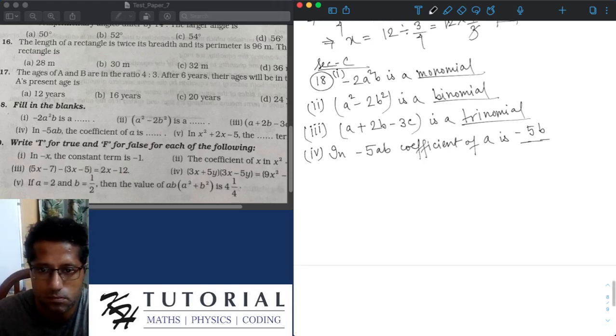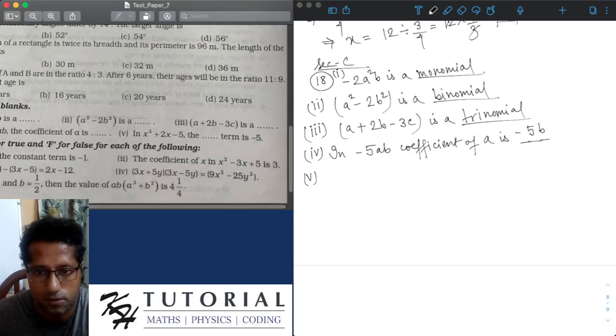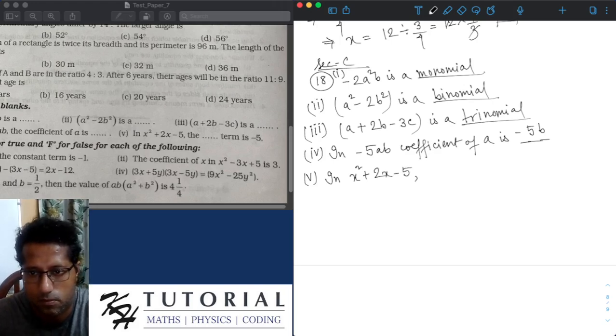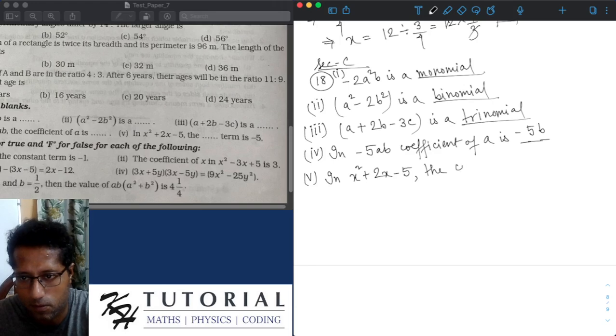Okay. Part 5. It is saying, in x square plus 2x minus 5, the dash term is minus 5, so it will be the constant term.